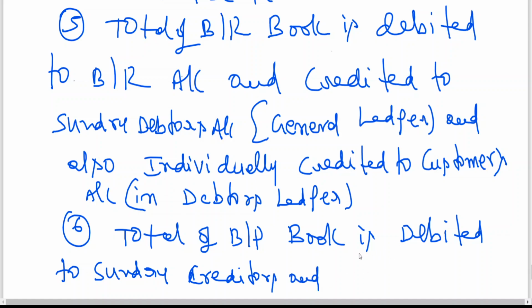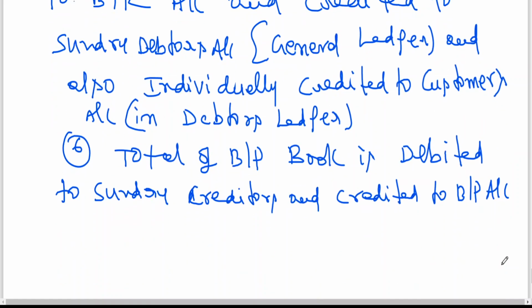Entry is like, if you are really interested, you can learn the entry: sundry creditors to bills payable. For bills receivable debtors, that we will be learning in bills of exchange. Total of bills payable book is debited to sundry creditors account and credited to bills payable account. Which ledger? General ledger.